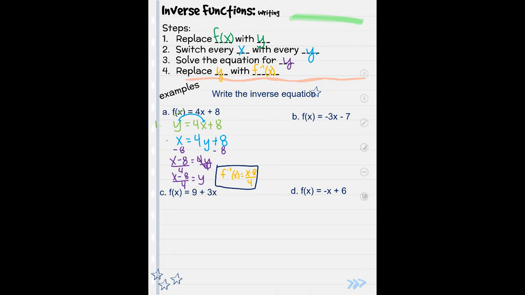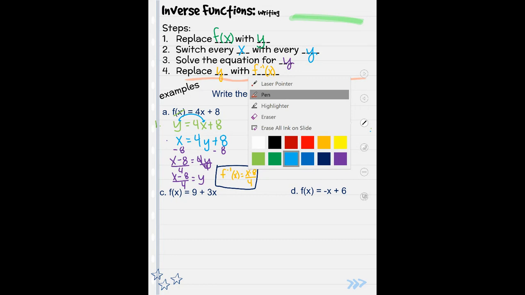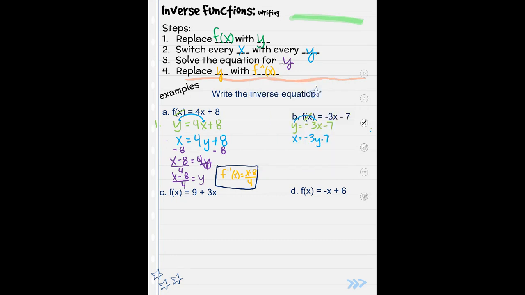Okay, let's try this second example. Okay, so get rid of our f of x. So we've got y equals negative 3x minus 7. Now we are going to switch out our x's with our y's. So this becomes x equals negative 3y minus 7. Solve for y. So we got to get y by itself.